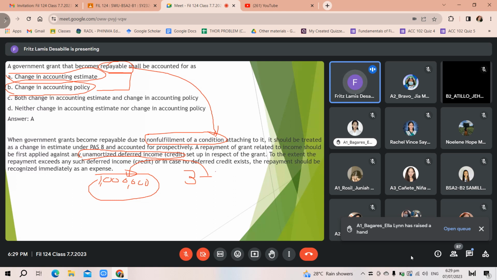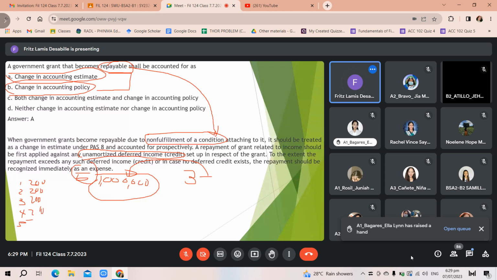So let's say we just use the straight line method, over 5 years. Let's say the recognition of income is fixed every year. So year 1, year 2, year 3, year 4, year 5, we recognize 200k per year.